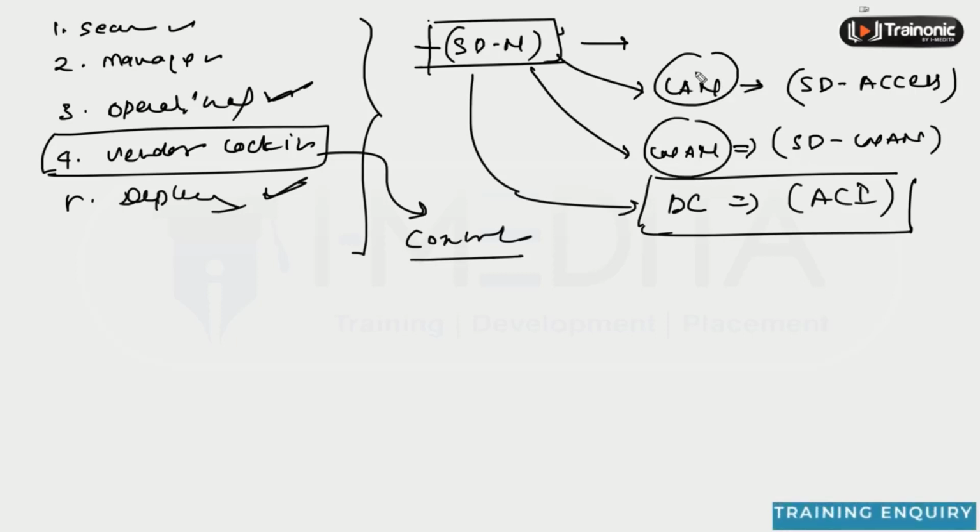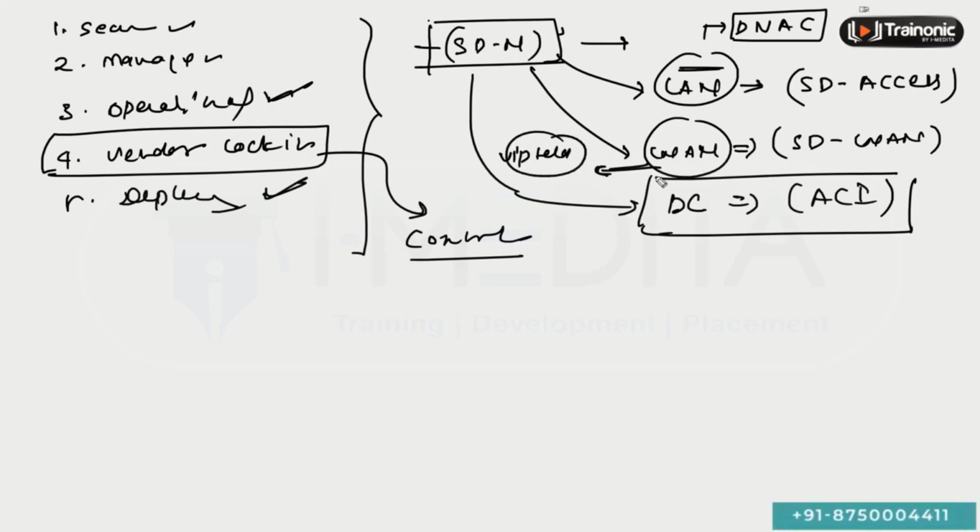But nowadays, if you specifically talk about Cisco, to provide full control over the LAN infrastructure of a network, Cisco has a controller called DNA Center, or DNAC. For the WAN solution, Cisco has SD-WAN based on Viptela. Cisco also offers Meraki-based SD-WAN.